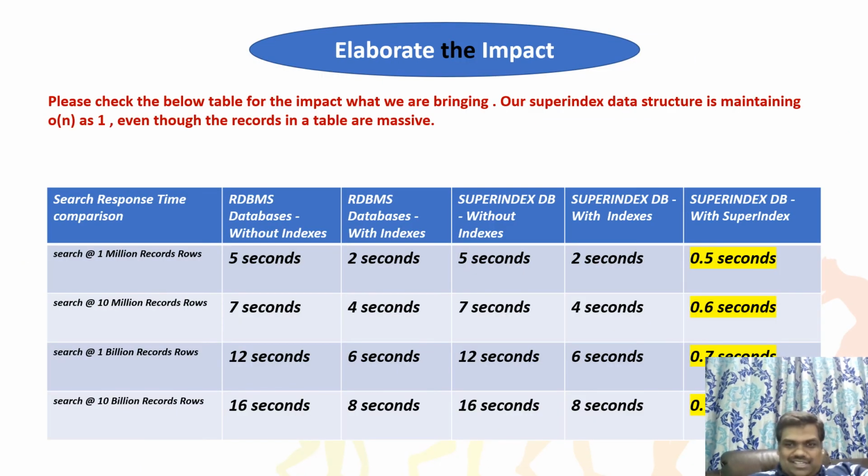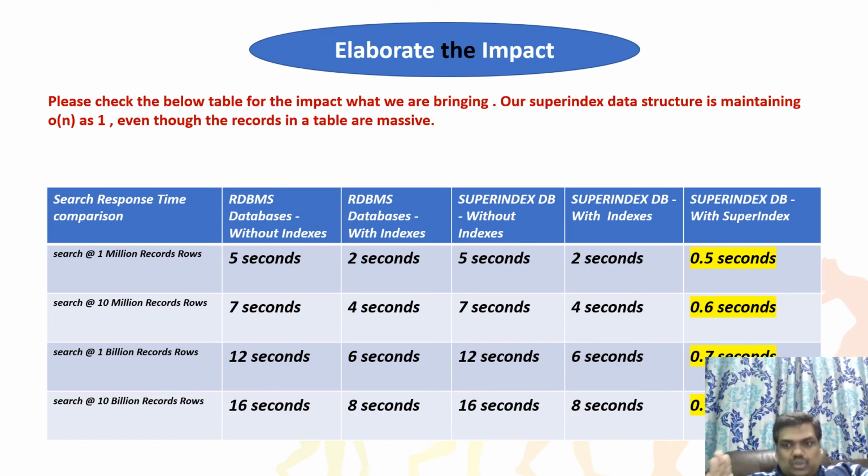If you want to elaborate the response behavior, as I said, the O of n is not 1, it's almost 1. It means that it's not a big difference. Say 1 million records in this example. The traditional response times you see: 5 seconds, 10 million records in 7 seconds, 1 billion records in 12 seconds, and 10 billion records in 16 seconds.